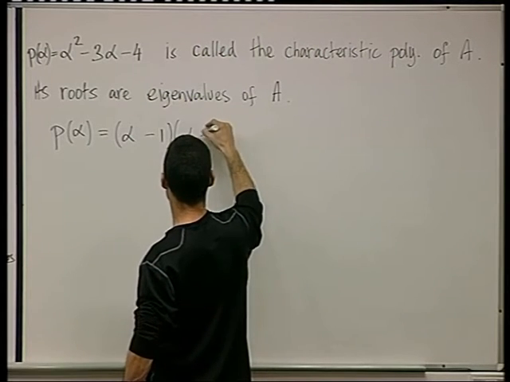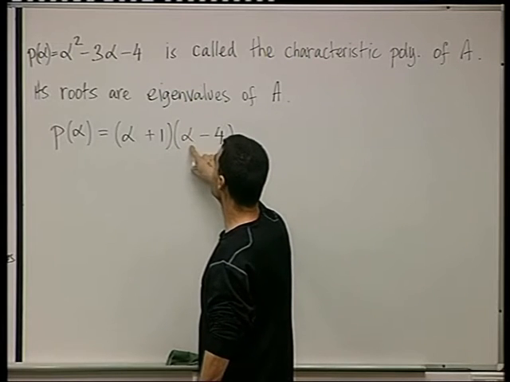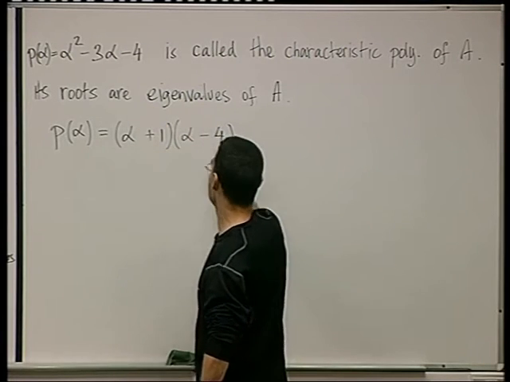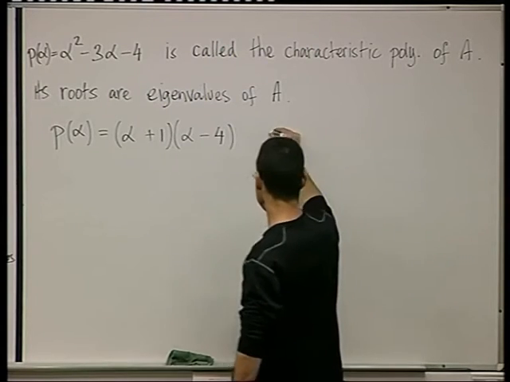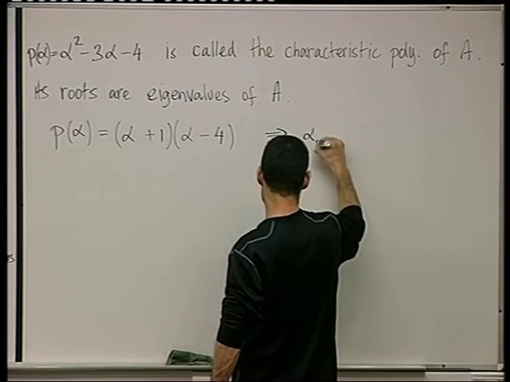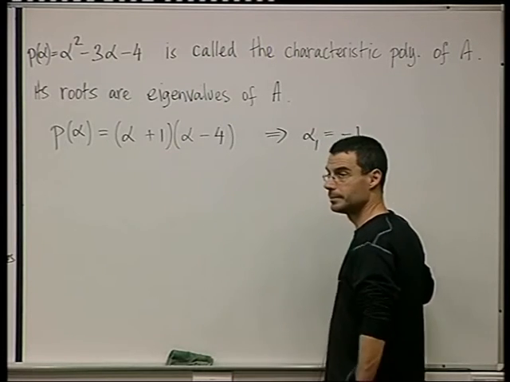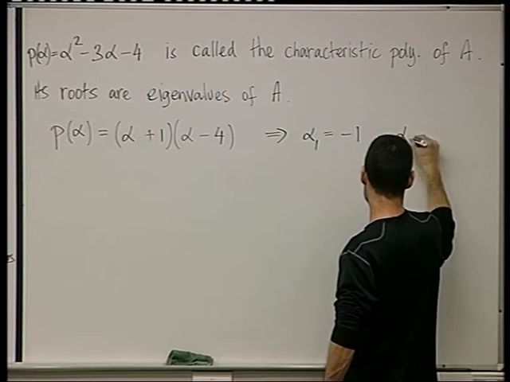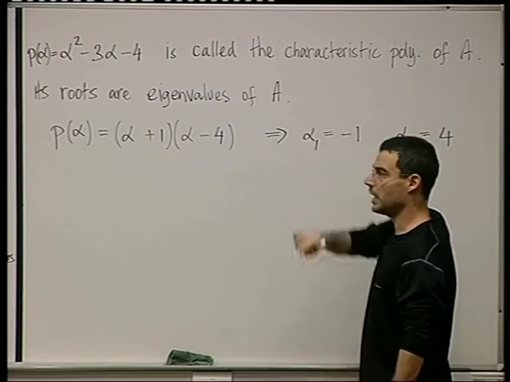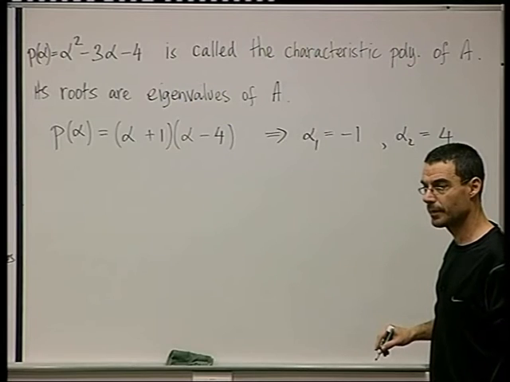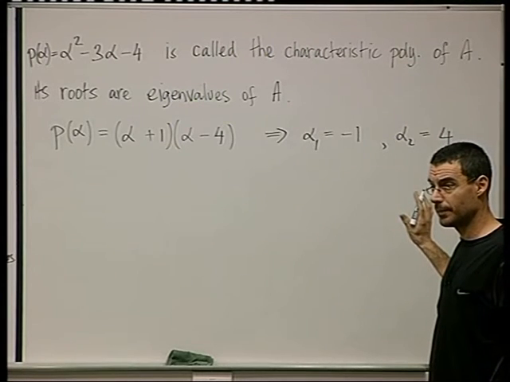So this is going to be plus. So alpha squared minus 3 alpha minus 4 equals alpha minus 4 times alpha plus 1. Good. So what are the roots? Alpha 1, one of the roots, is negative 1. And alpha 2 is 4. These are the eigenvalues. And that's it. There are only 2 of them in this case.